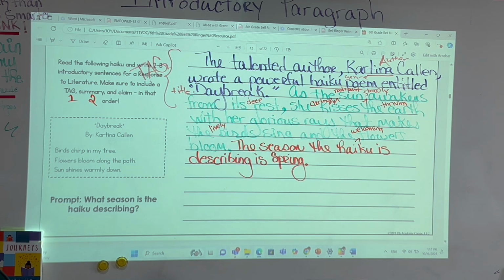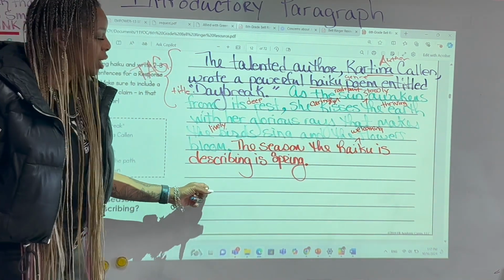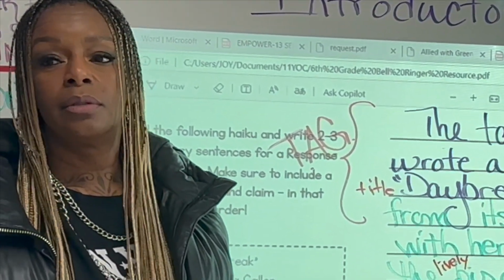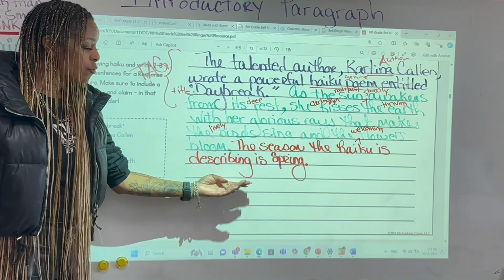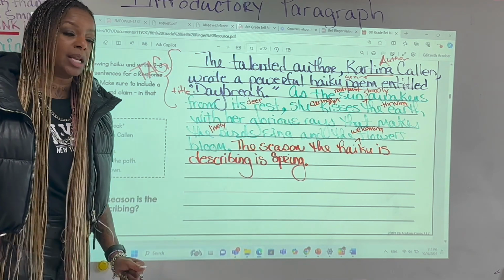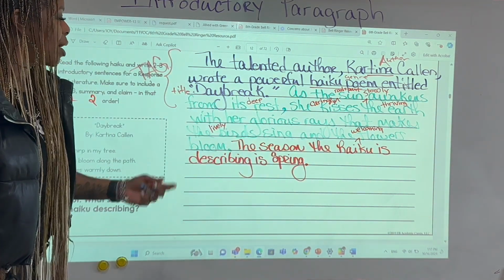Essay? I'm going to tell you what goes in every spot. There's a purpose for every spot. Now when we get to the body paragraph, we start with the premise. Your premise is your reasoning for your claim. So the season the haiku is describing is spring.